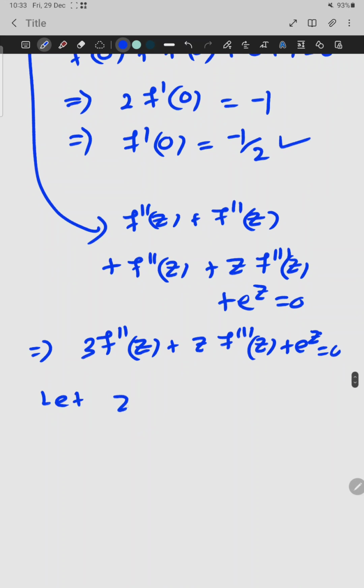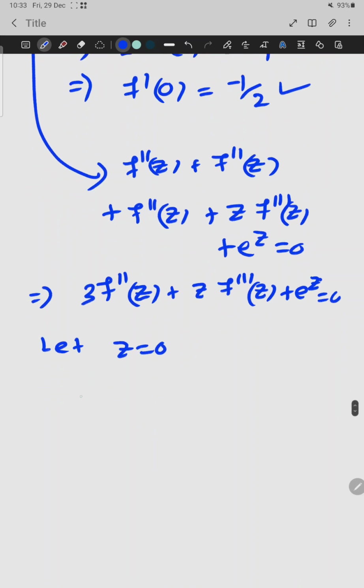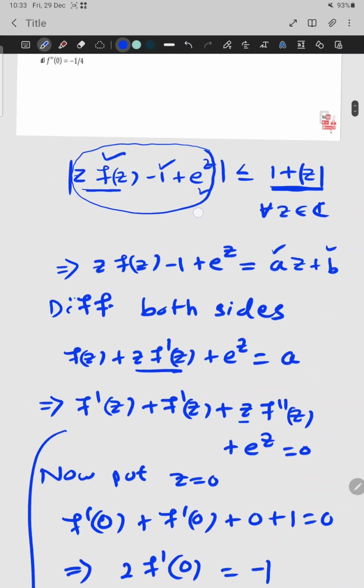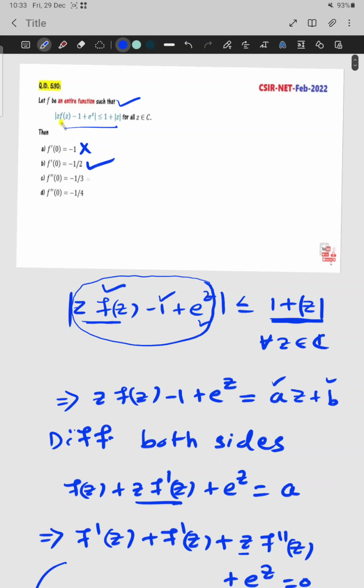Let z equal to 0. It gives 3 times f''(0) + 1 equal to 0, which gives f''(0) equal to minus 1 by 3. So the correct answer is f''(0) equal to minus 1 by 3. This one is correct and this one is false.